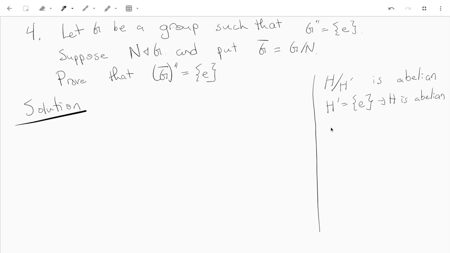What's another property that might be useful is just the fact that if I look at the commutator of cosets, so if I look at the commutator of gN with hN, that's just the coset of the commutator. Okay.